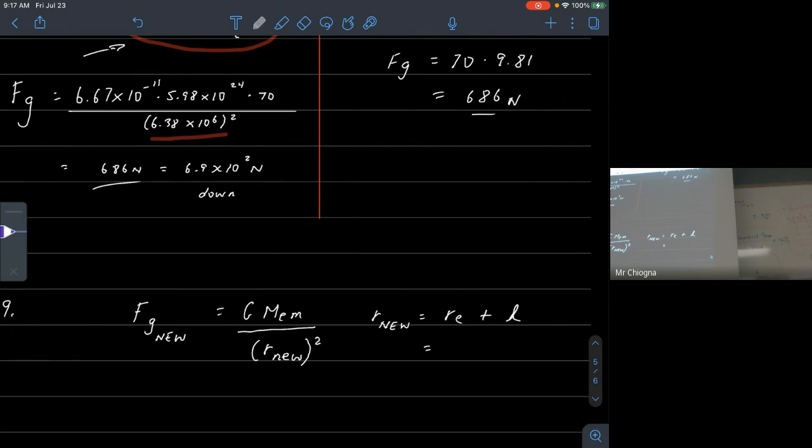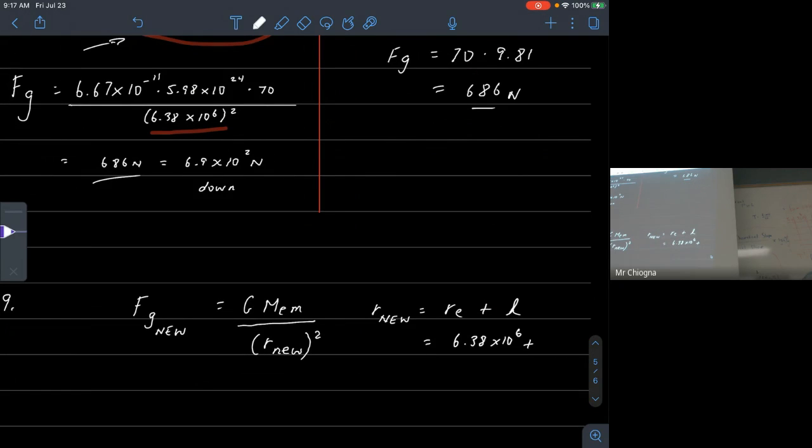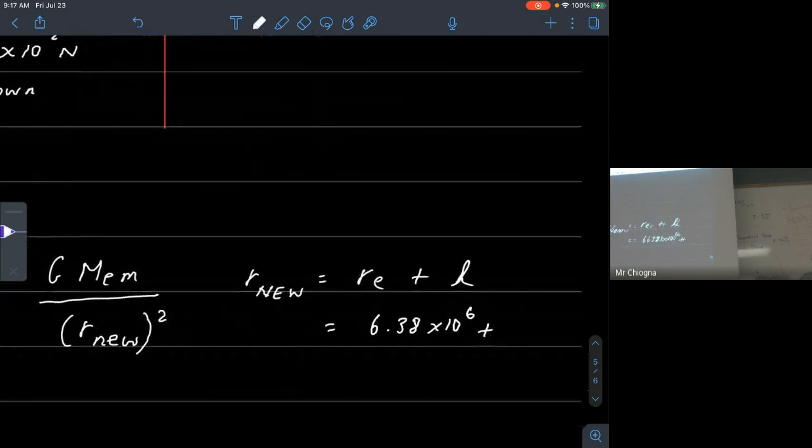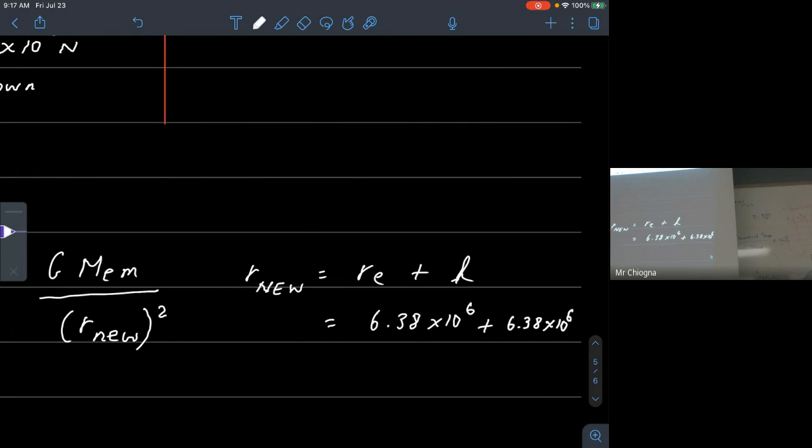That's the radius of the Earth, plus 6.38 times 10 to the 6, so it's doubling it. Okay, this is supposed to be an H. So you're doubling the radius.